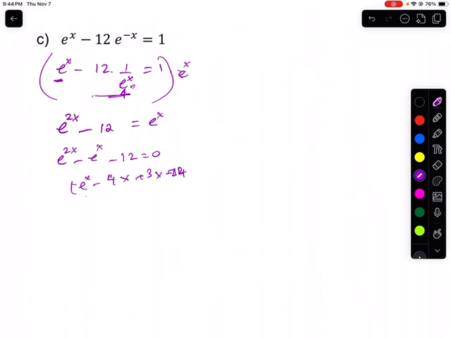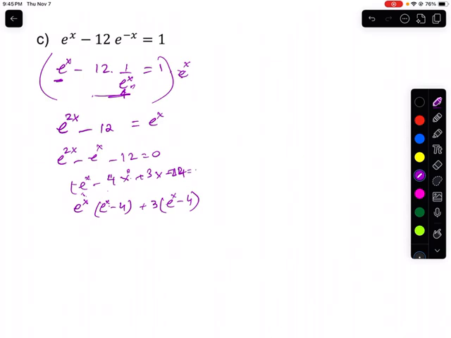So you can write it as e to the x minus 4 times e to the x plus 3.